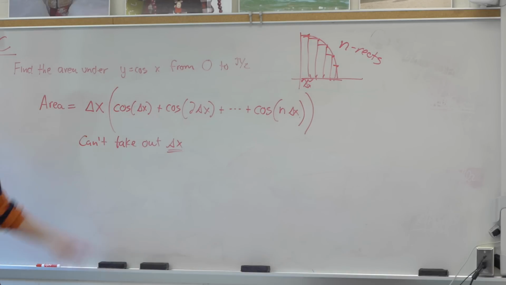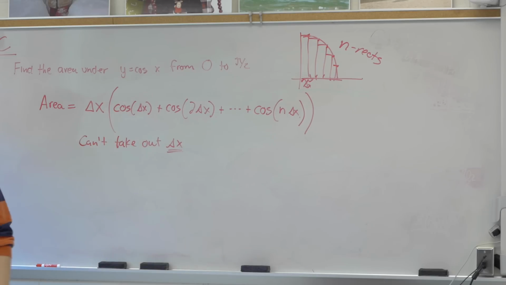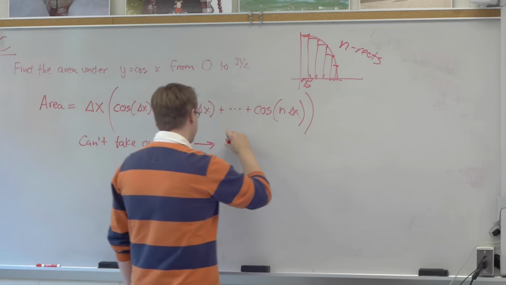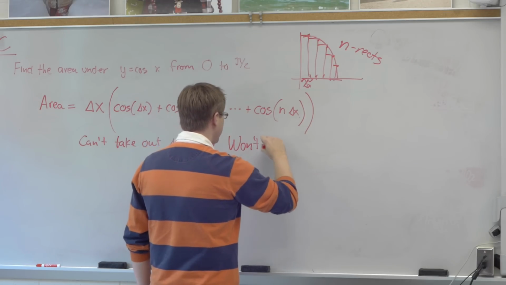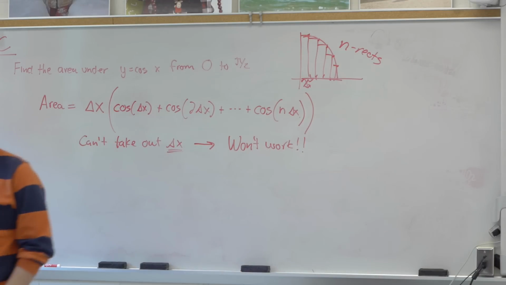So my only recourse, maybe there's some trig identity that I could use for sine and cosine. But even if I could find an appropriate identity, it would get really messy really quickly. So this technique, at least just doing like we did last class, is not going to work.